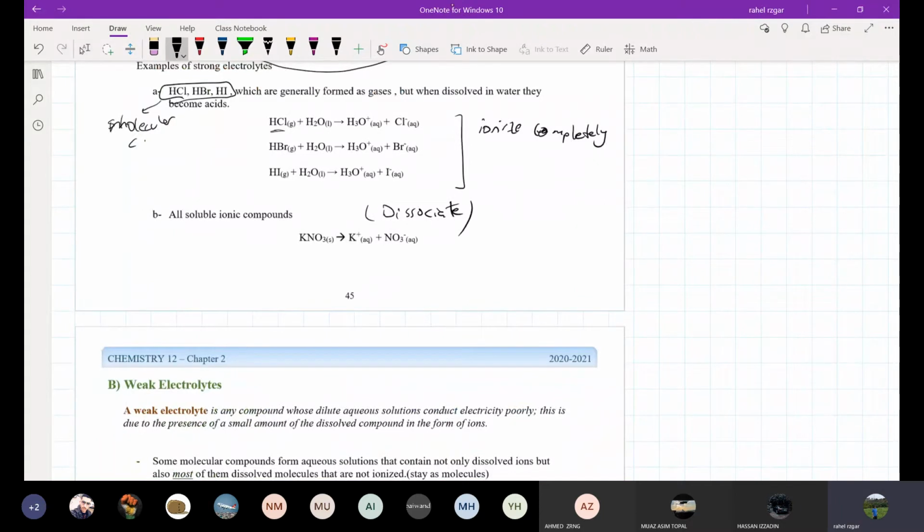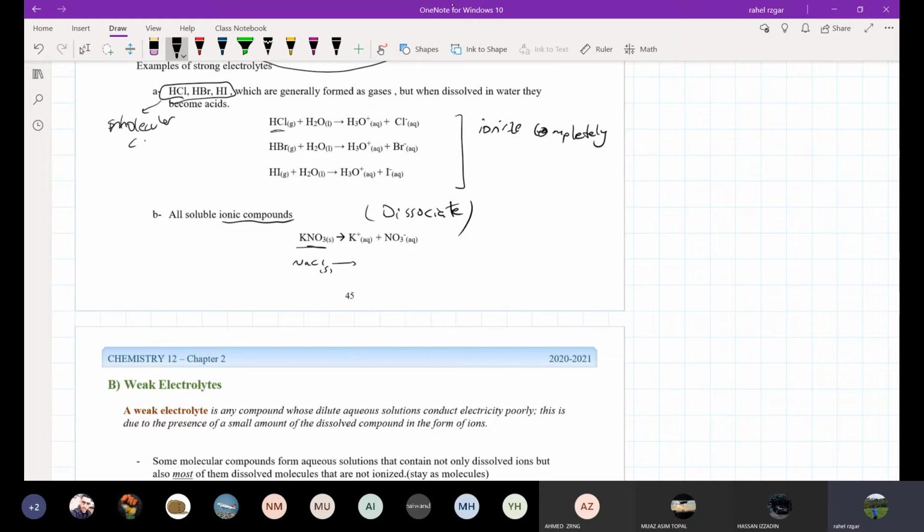Like KNO3. In here you don't have to memorize these compounds. For ionic compounds, you have to recognize them from the two tables of last year, from the cation and anion. Metal and nonmetal, such as NaCl also.